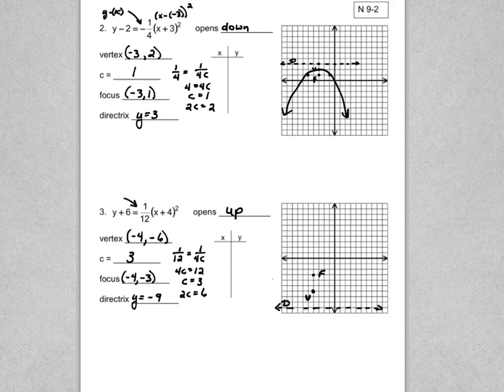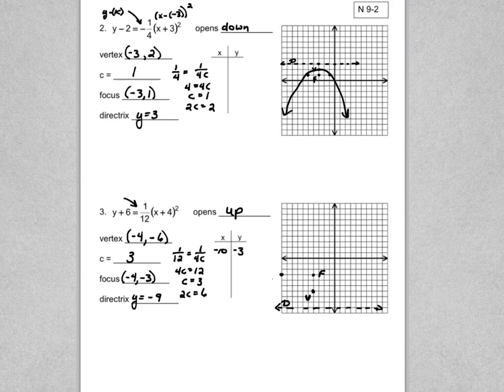Then we have to go, in this case, 6 spaces away from the focus, left and right, to find those points on the parabola. So we're going to count 6 spaces from the focus, 1, 2, 3, 4, 5, 6, right there. And that point will be (-10, -3).